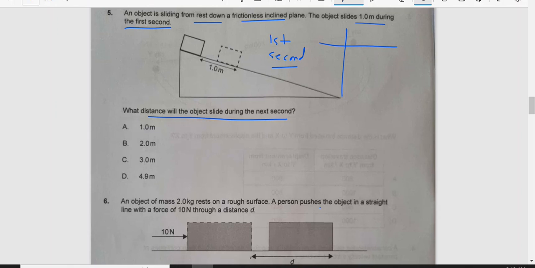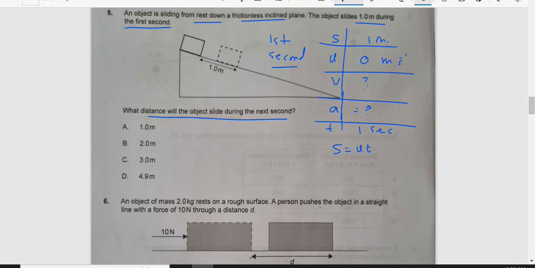I'm going to write all the information I have, then the equation. So the distance is 1 meter. The initial speed starts from rest, so 0 meters per second. Final speed, I do not have it. I don't have the acceleration, so I'm going to write a question mark. And the time is 1 second. So to use that equation, S equals u initial times time.